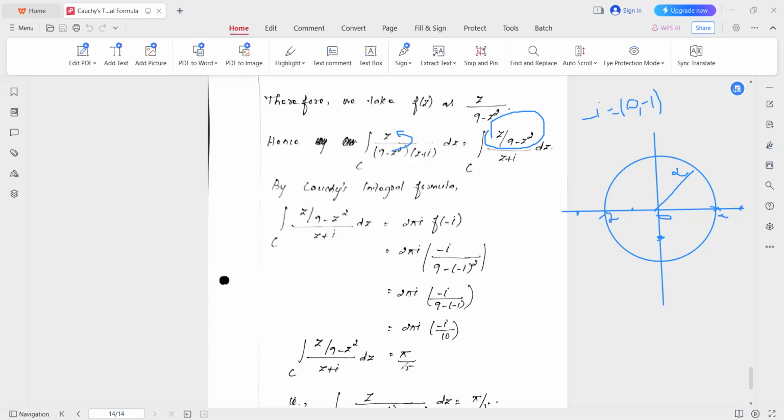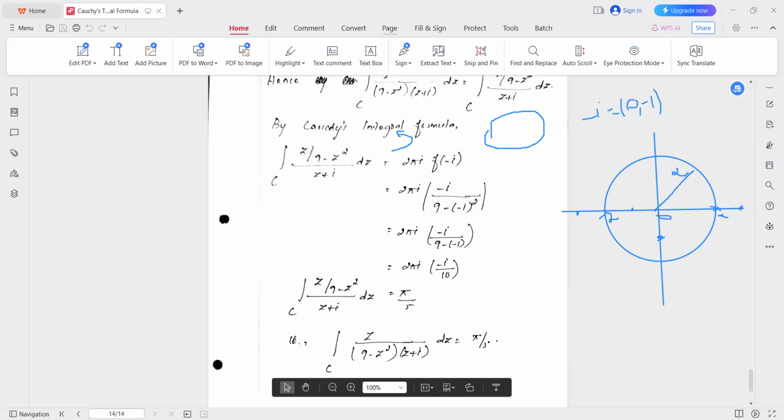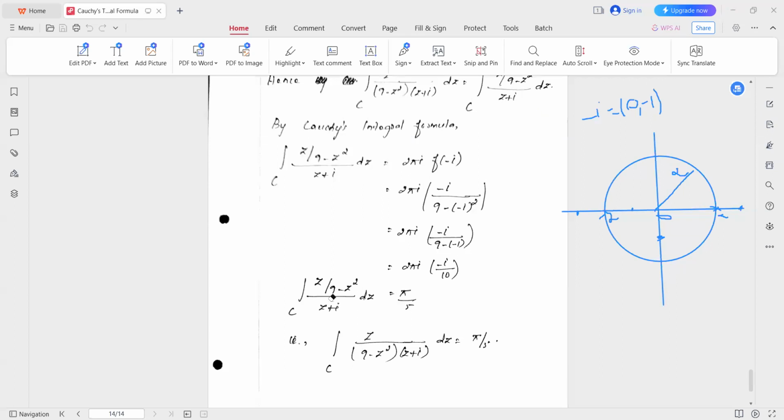So the value of this integral is pi by 5. That is, the integral over C of z by (9 minus z square) into (z plus i) dz is equal to pi by 5. This is the shortest method.